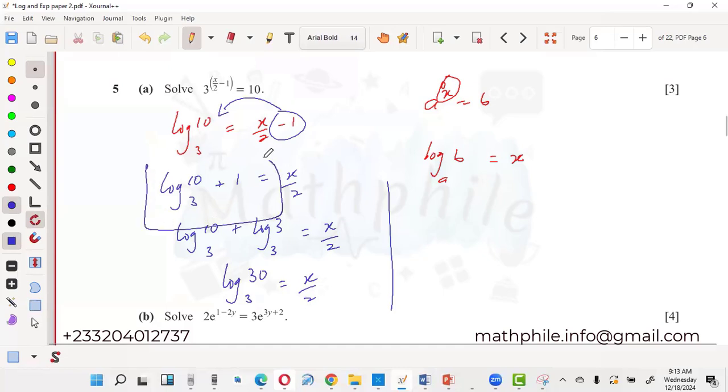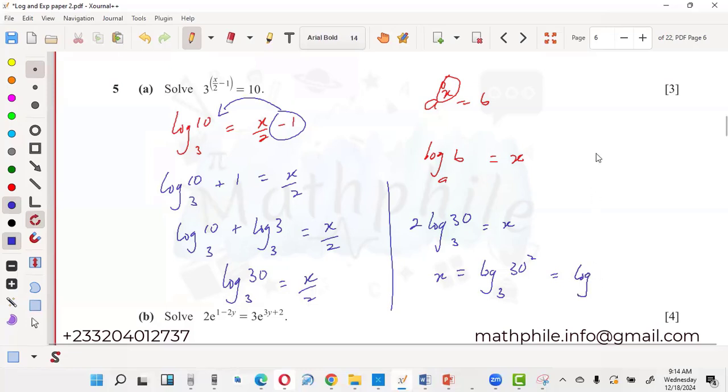All this is not so important. If you had used a calculator from this side, you can just multiply by 2 and you are good to go. So the next step is to multiply everything by 2. So 2 log 30 base 3 equals x. Then x is equal to log 30 squared base 3. 30 squared is 900, right?